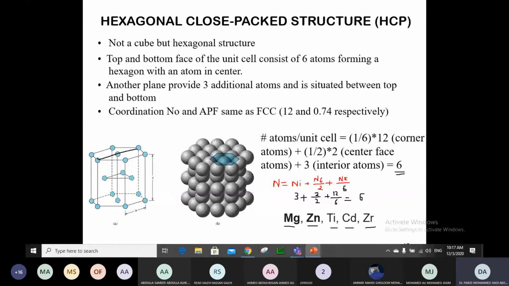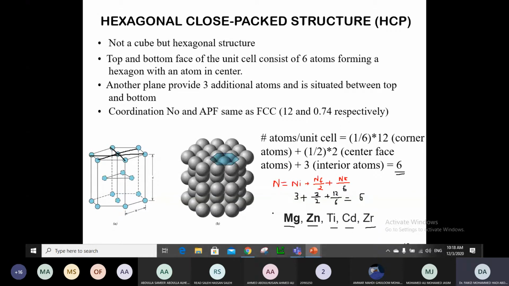These are basically the close-packed directions. Atoms are touching in these directions. These are the only close-packed directions in the hexagonal close-packed crystal structure, and due to the very small number of close-packed directions, or I would say planes, these materials are brittle, actually very hard materials.